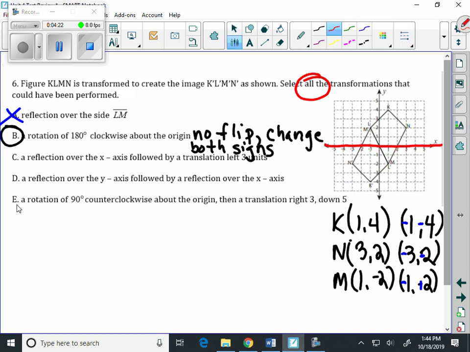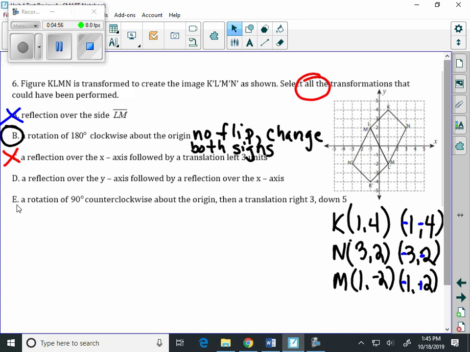And now the point K is 1, 2, 3, 4 spaces away from that red line. So 1, 2, 3, 4 spaces. So here's the K. But then it says followed by a translation of left 3 units. So 1, 2, 3, that should be our new K, and it isn't. So option C is not an option. I'm going to come back over here and erase that picture.